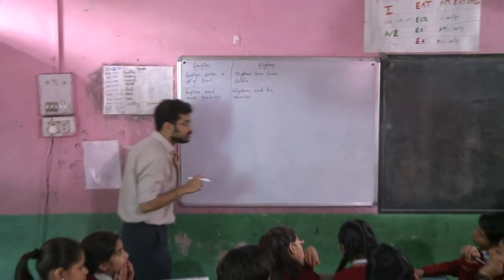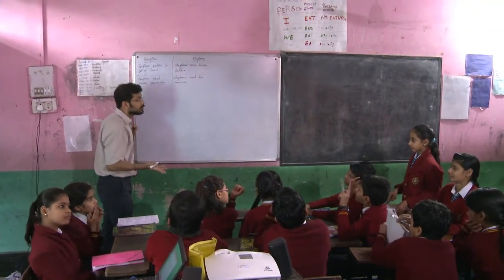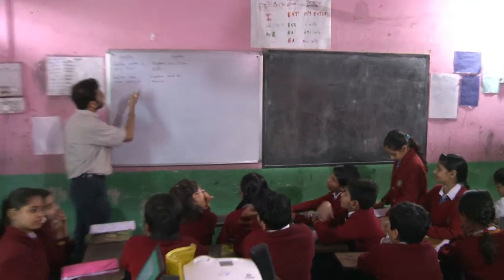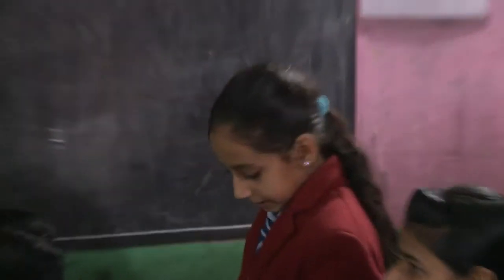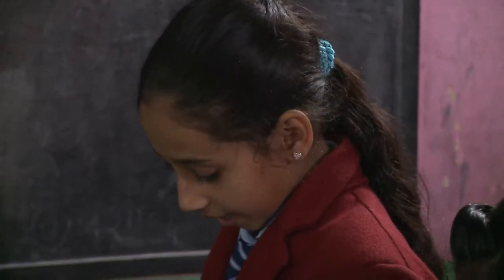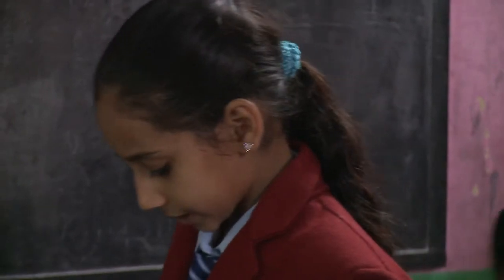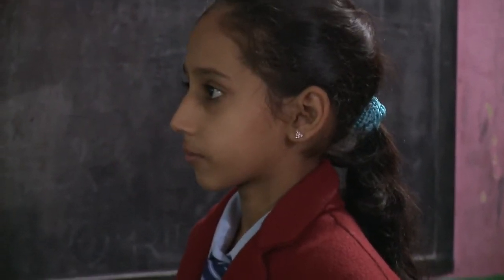Empires have larger covered area. Yeah, that's fine. So why do they need more resources? For what? Because empires are larger than kingdoms and needed to be protected by armies. They needed to be protected.